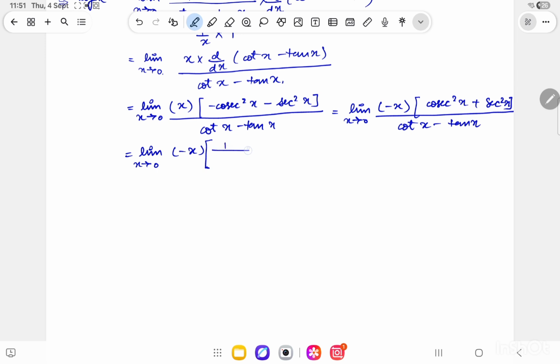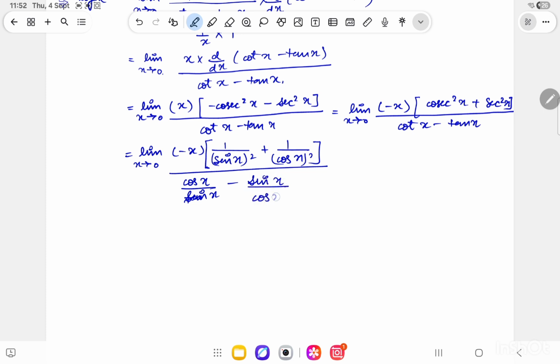So I'll get cosec x is 1 upon sin x, squared, plus sec x is 1 upon cos x, squared, divided by cos x by sin x minus sin x by cos x.